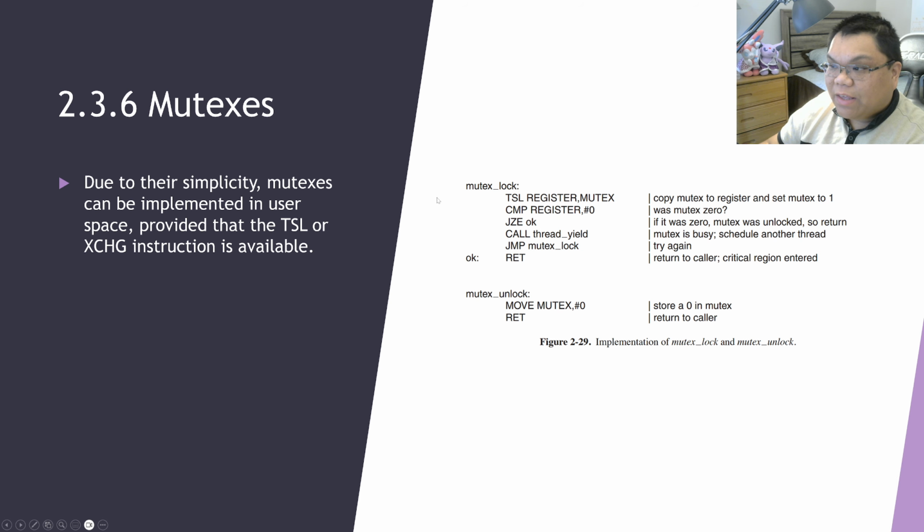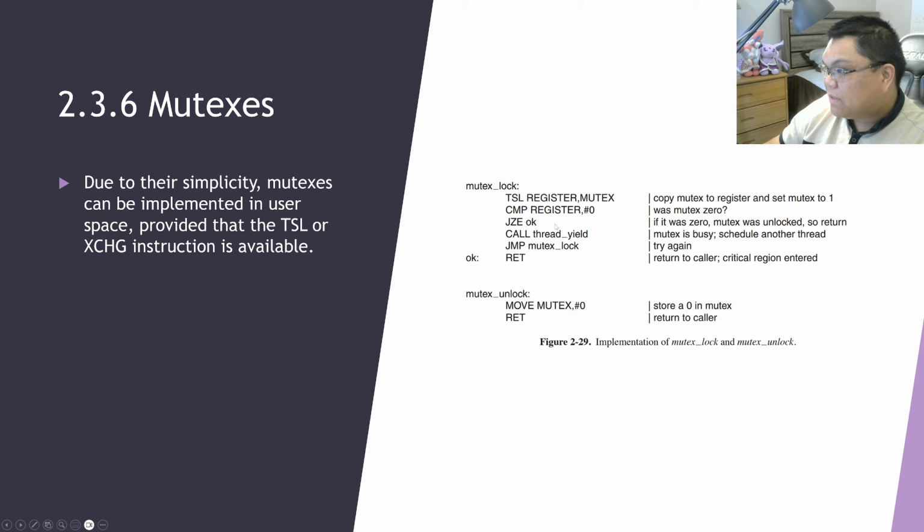Due to their simplicity, we can implement mutexes in user space, provided that we have the TSL or exchange instruction as before. So we have these two routines implemented using some sort of assembly code. Mutex lock: TSL register, mutex, compare register to 0. Is it 0?